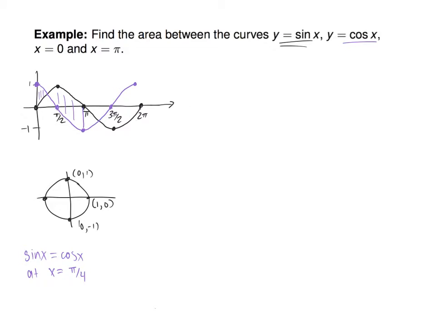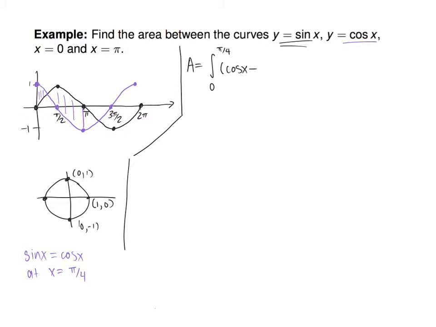Alrighty. So then we'll have 2 integrals. The first one is an integral from 0 to pi fourths. What curve is on top, what curve's greater initially? Cosine.